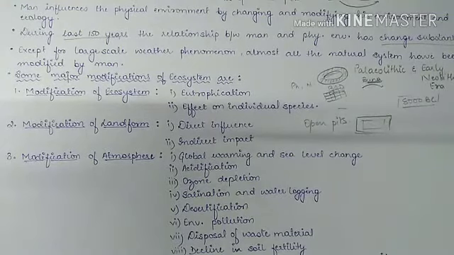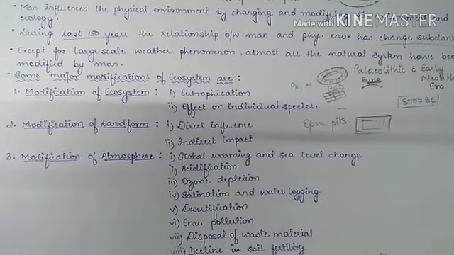Okay, then we have subsistence through mining, especially in limestone topography. Okay, then we have construction of railways, roads, highways, embankments, canals, then dams. These constructions are also influencing our landforms.